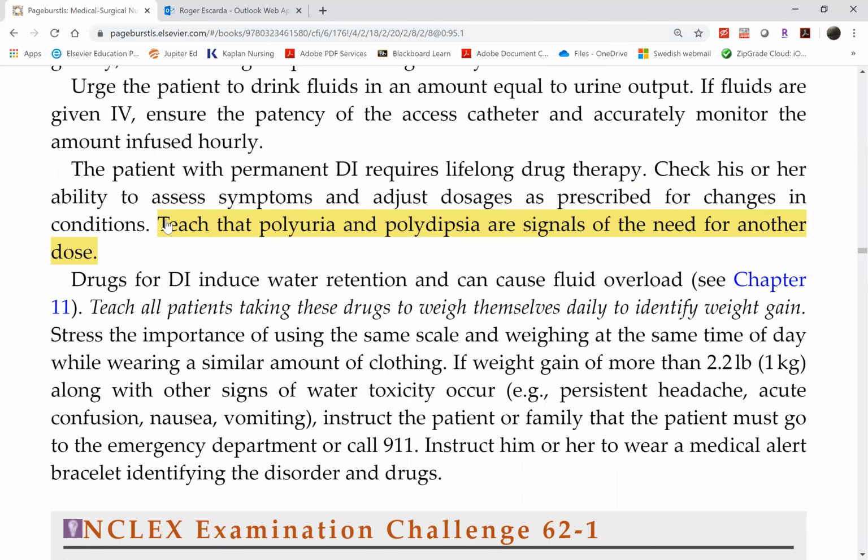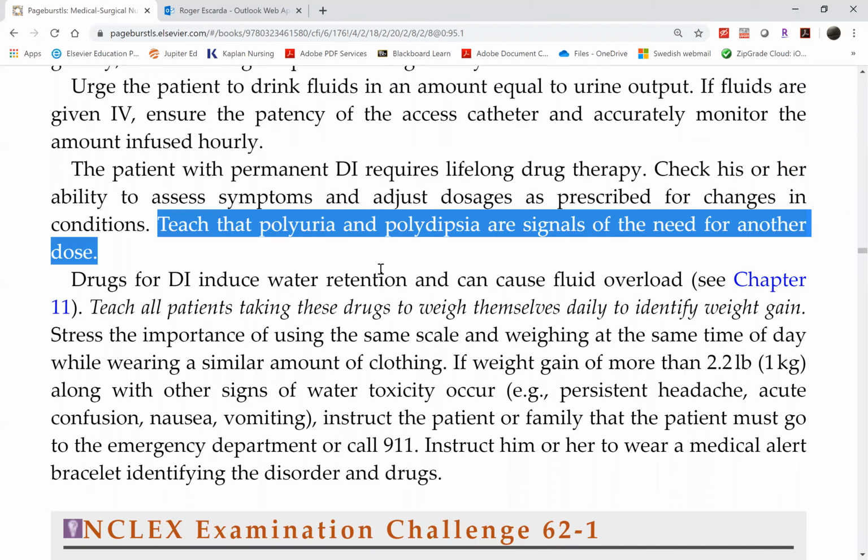And here is what I mentioned about self-care. The patient needs to be aware that if they have polyuria and polydipsia, then that means they need another dose of the spray.